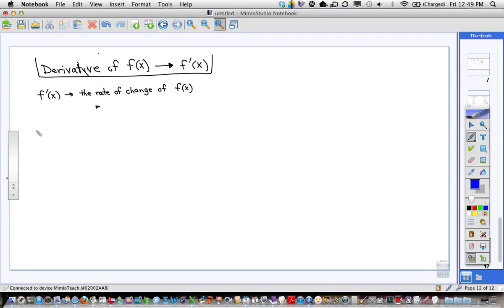For example, miles per hour, dollars per mug, etc. A rate of change. A rate. Okay? So in that case, F would be miles, or F would be dollars.